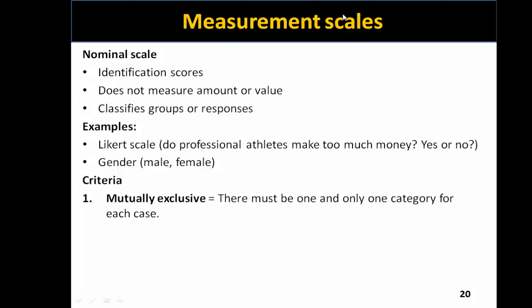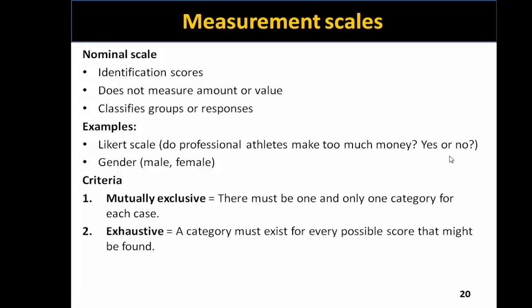So if we ask the question, do professional athletes make too much money? A person would answer yes, or they would answer no. They're mutually exclusive. One doesn't affect the other. It must be exhaustive, and so a category must exist for every possible score that might be found.